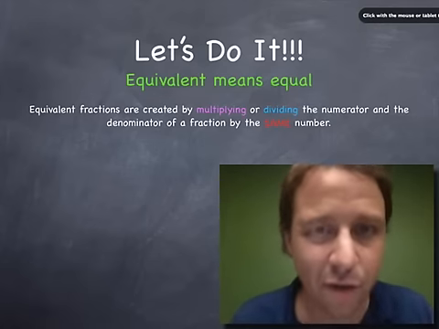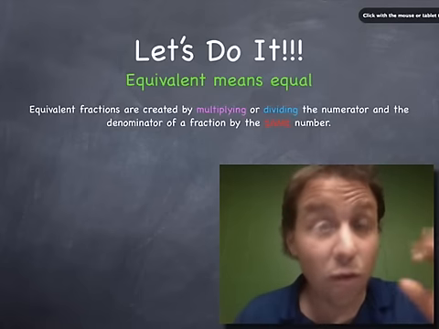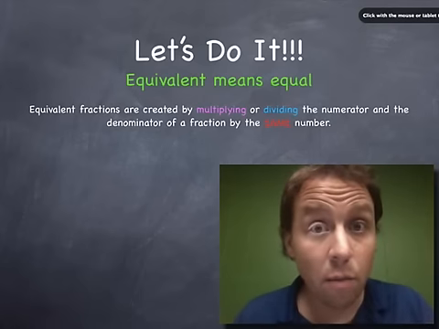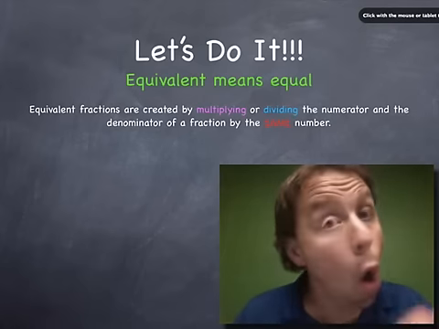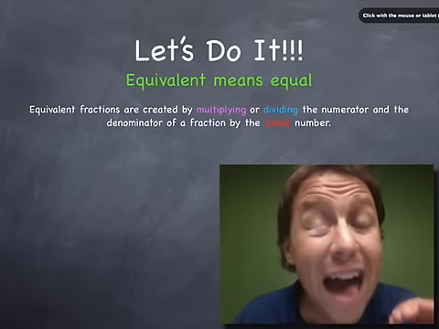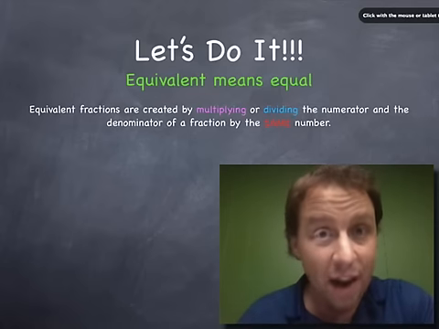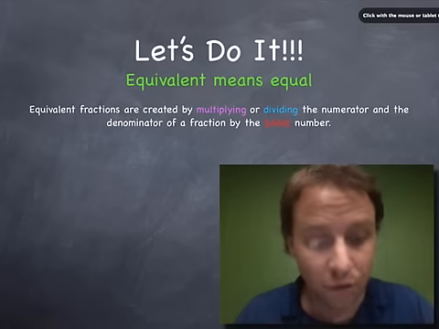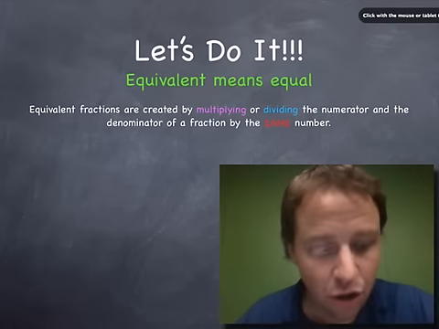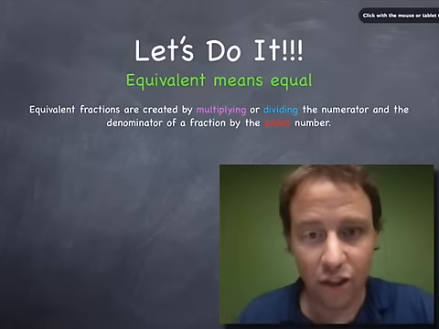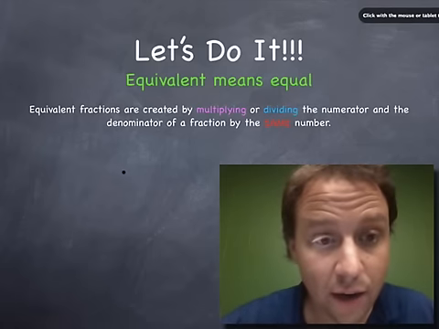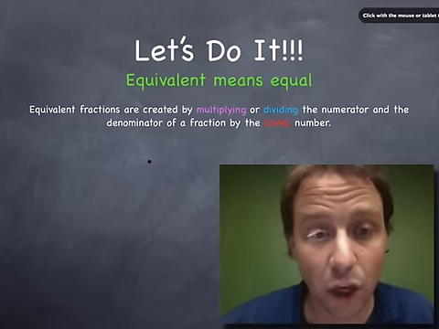Go check out my video on fractions. You multiply the numerator and the denominator both by the same number, or you divide them both by the same number. You have to choose one of the two. So, let me give you a quick example of how that might look in two different ways.